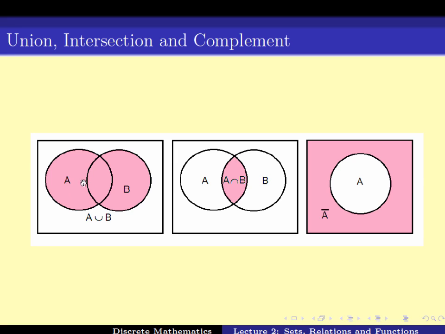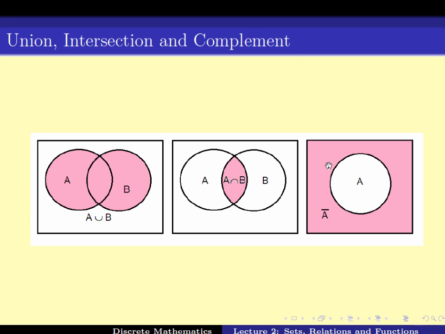Now, A union B is the set of all elements that are there in either A or B or both. So it is all the elements that are there in the pink area in the first diagram. Similarly, A intersection B is the set of all elements in the pink area in the second picture.